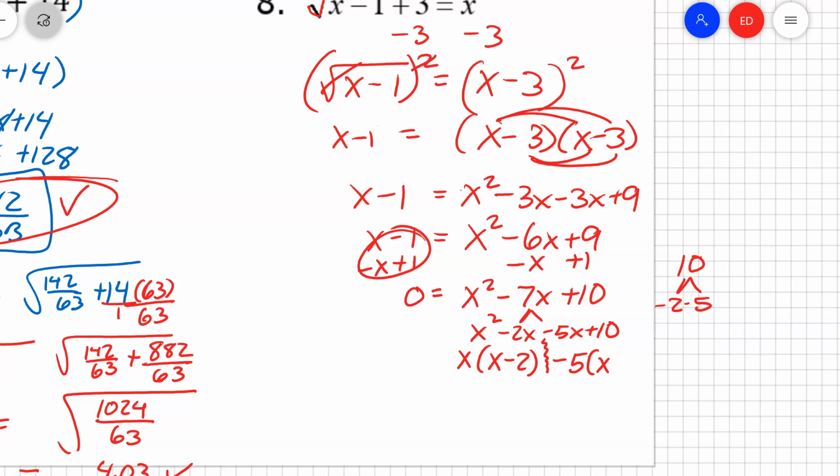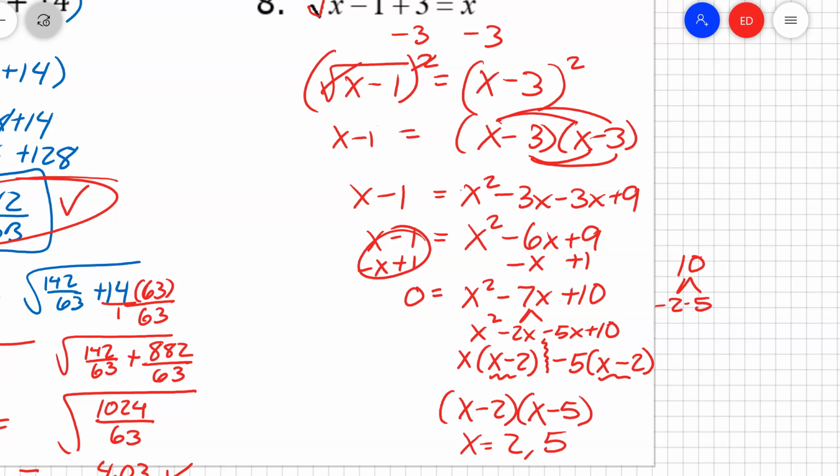Negative 5x divided by negative 5 is just going to leave us with x. 10 divided by negative 5 is going to give us negative 2. I notice I have x minus 2 on both sides, so I'm going to go ahead and factor that out and bring that out in front. So x minus 2 and x minus 5. Whew, we're not done yet. Those are just factors. x is going to be 2 and 5.